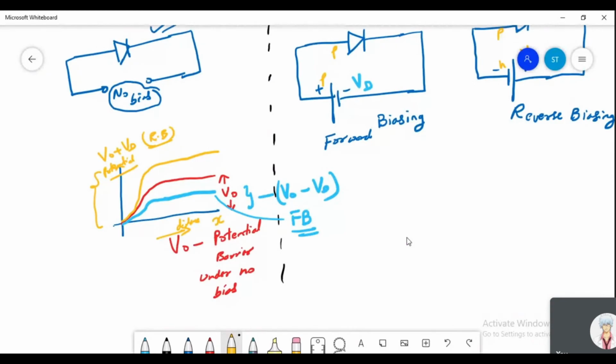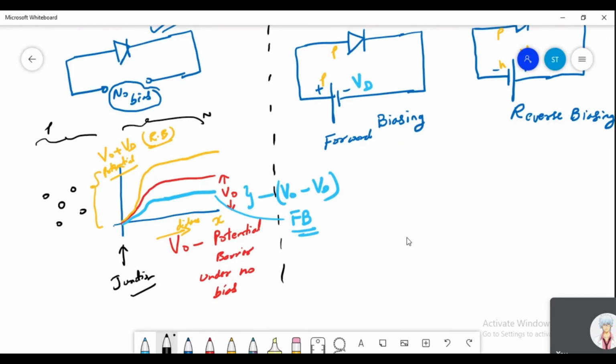Now, how is it significant? I am calling this the junction. I call this the N region, the N part, and this the P part. On the P side, you have holes, empty energy bands. These want to go into the N side.